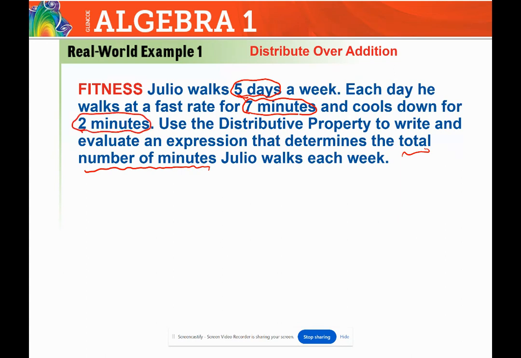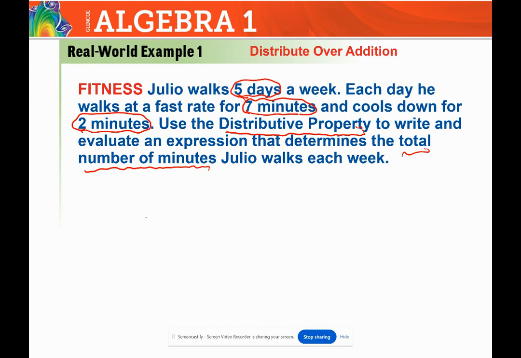Now I know that this can be really easy to do, but we want to show it as a distributive property. This is going to be key to your homework. You want to show your work, so I'll show you here how to distribute and show that work.